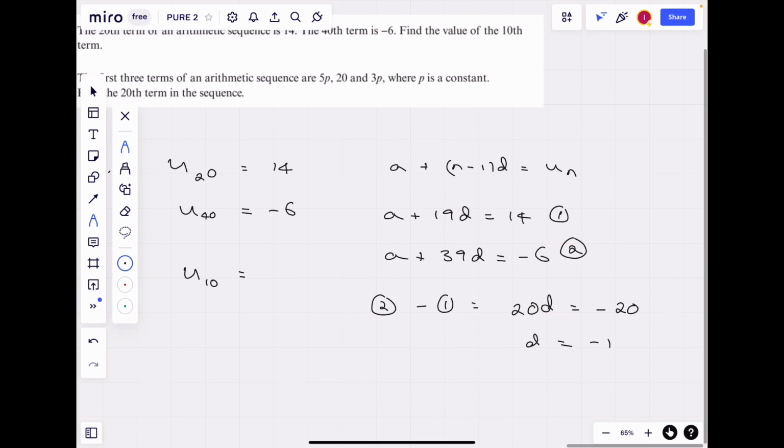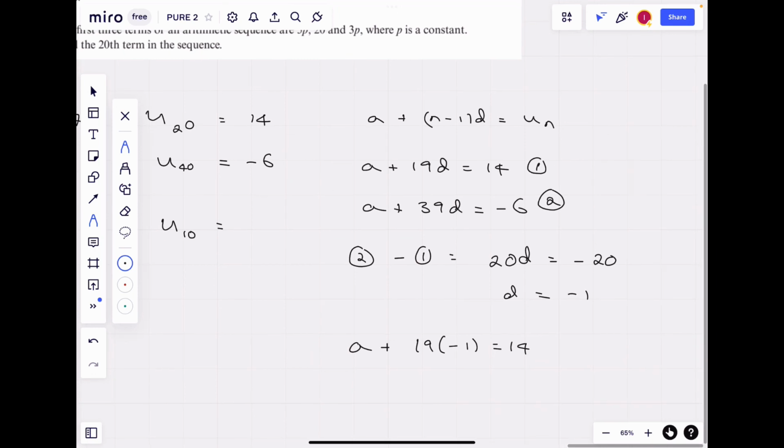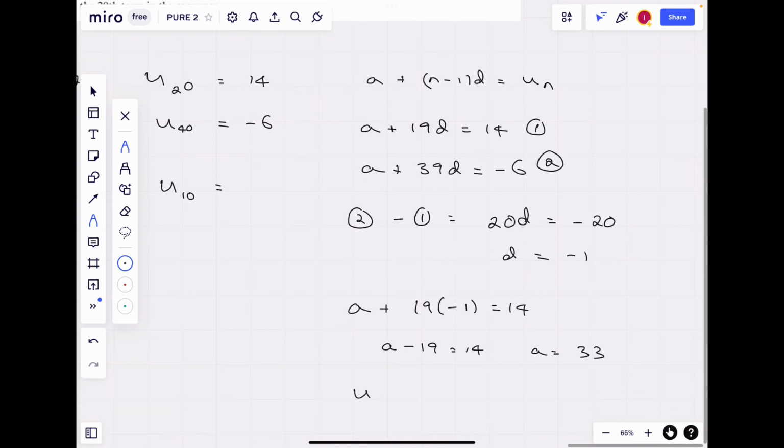And when we substitute that back in, a plus 19 times minus 1 equals 14. So a minus 19 equals 14. So a equals 33. So un is equal to 33 plus (n minus 1) times minus 1.